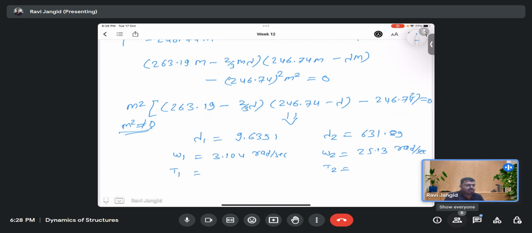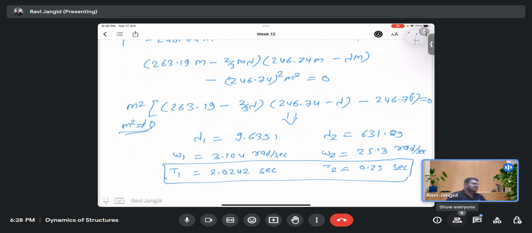So T1 would be 2.0242 and T2 is 0.25 second. Okay. So corresponding to this, you can find your mode shapes.